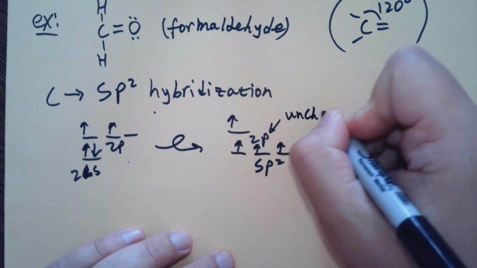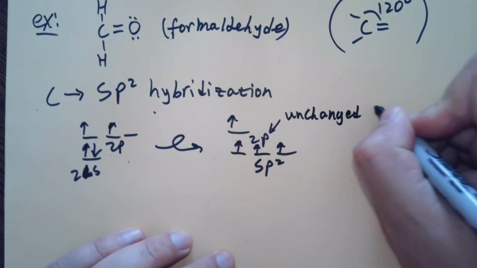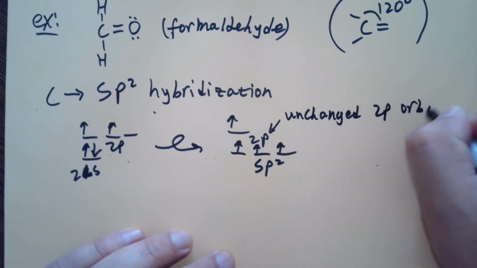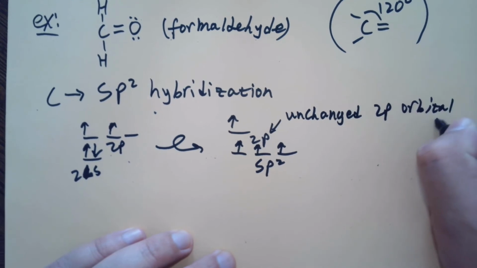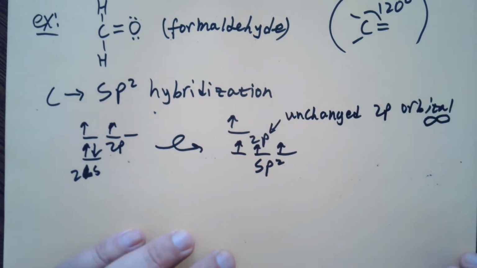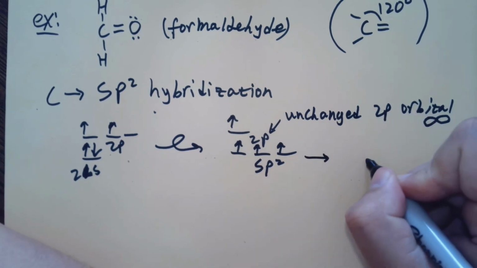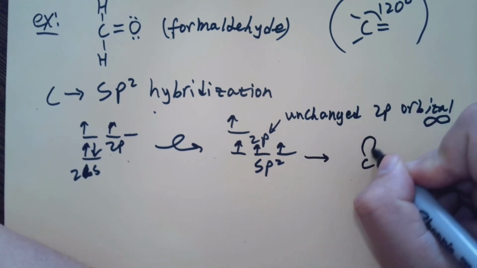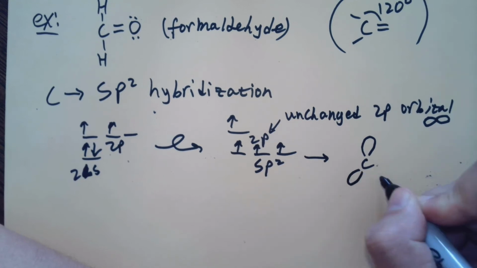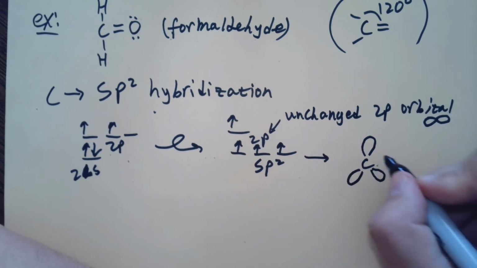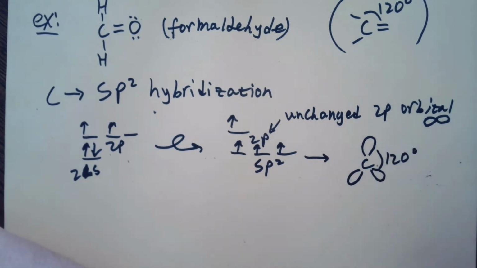So this is an unchanged 2p orbital. So it looks like that. The sp2 orbitals look like this. They're going to be 120 degrees.